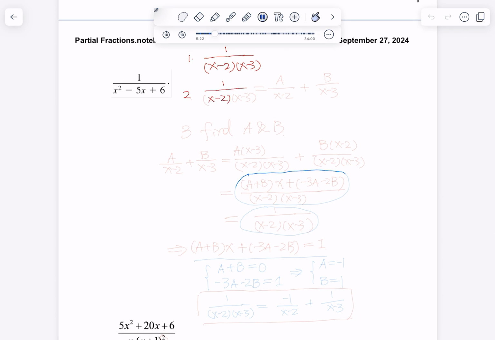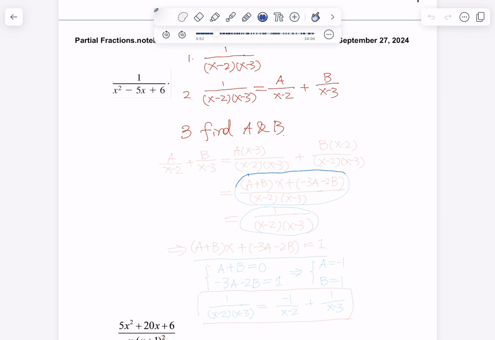Each one of them will introduce a term. In this case, we have x minus 2 and x minus 3, with A and B as coefficients to be determined.